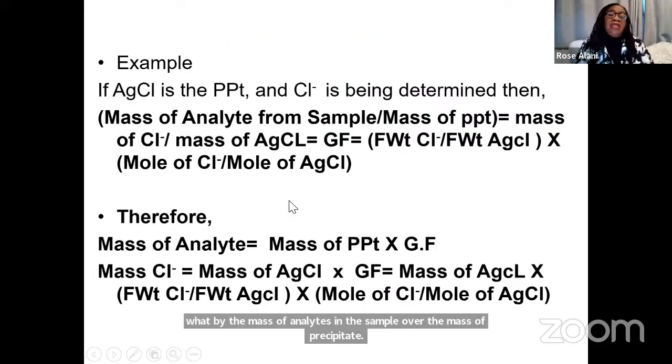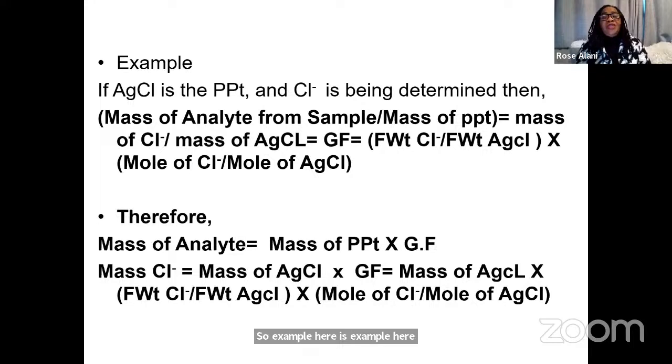So, example here is silver chloride. If this is your precipitate, and you're determining your chloride in silver chloride, the mass of analytes from sample divided by mass of the precipitate here is the same as the mass of your chloride divided by the mass of your silver chloride.